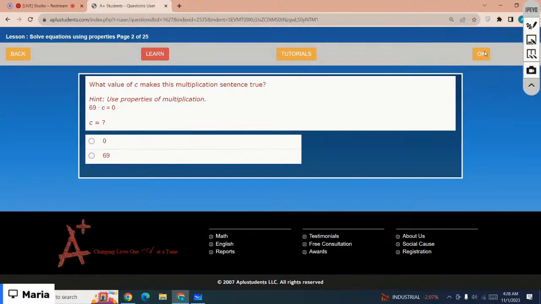You have to use the properties of multiplication, right? So when you move 69 to the other side, that would be then divided. 69 is multiplying to c, right?